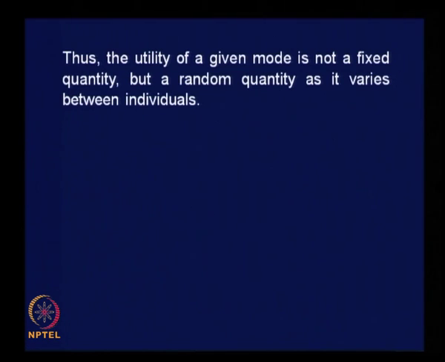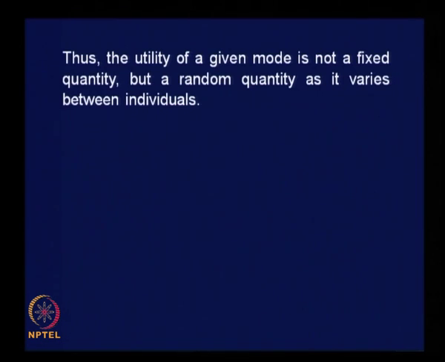Thus the moral of the story is this: the utility of a given mode is not a fixed quantity. You cannot just calculate the value of V and say this is the utility of a particular alternative mode. It is not a fixed quantity, but a random quantity as it varies between individuals. We need to treat V to be a random quantity. Utility of a mode has to be treated as a random quantity.